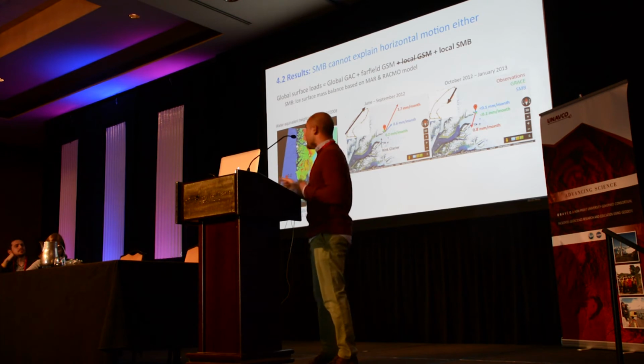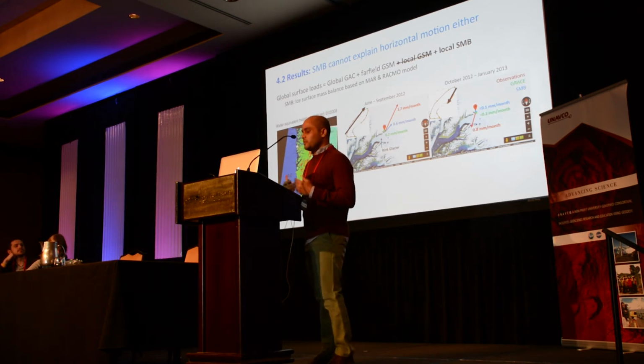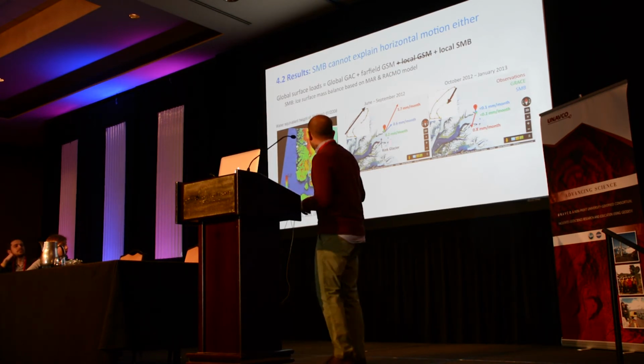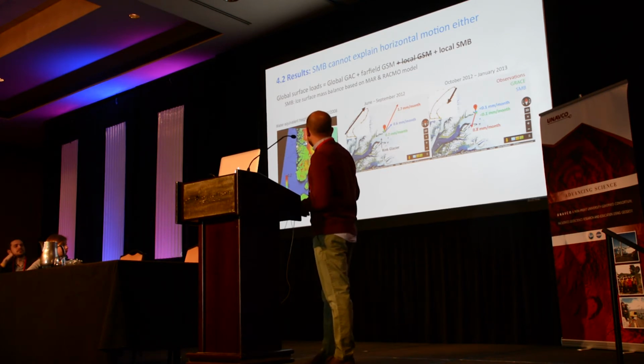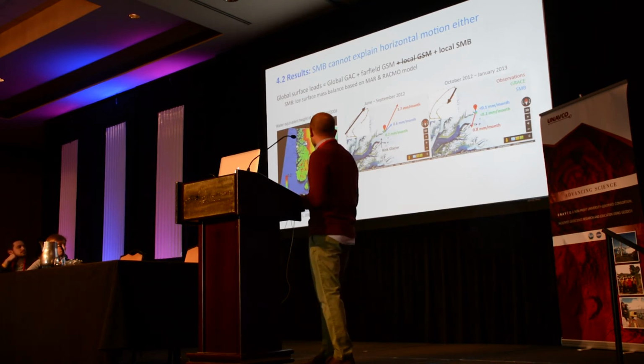So what that means is that these estimates, in my opinion, represent the higher end of estimates. In any case, SMB can explain a part of the signal, but it cannot be the major driver of the signal. So I'm fairly confident about that.